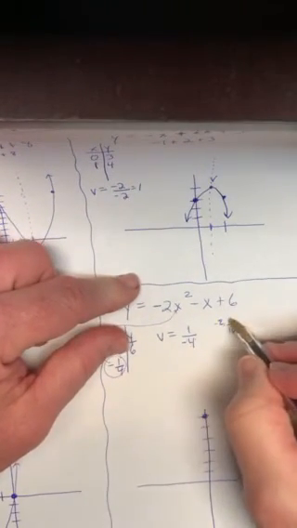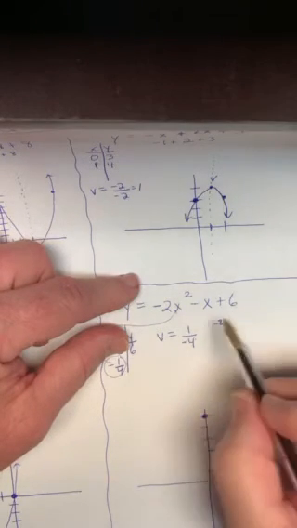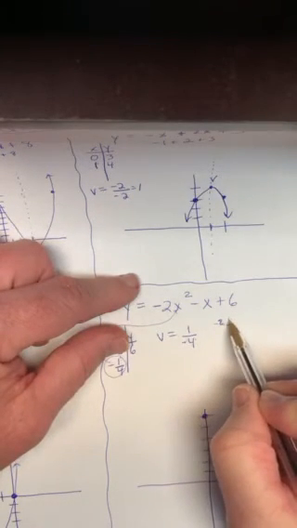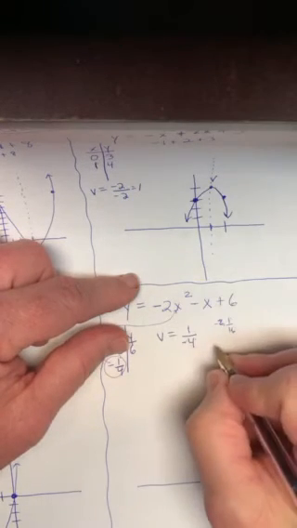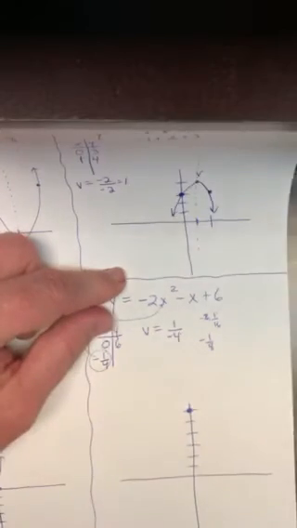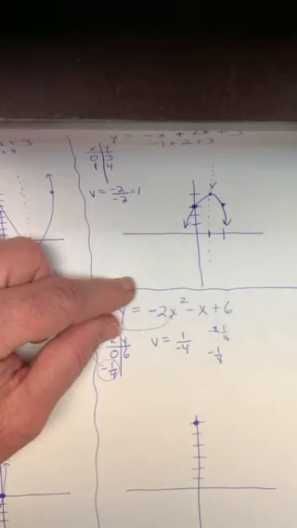So if I take 1/16 and I times it by negative 2, obviously negative 2 times 1 gives me negative 2/16, which reduces to negative 1/8. Don't be a crybaby. You're a junior in high school. You can multiply negative 2 times 1/16 and get negative 2/16, which is negative 1/8.